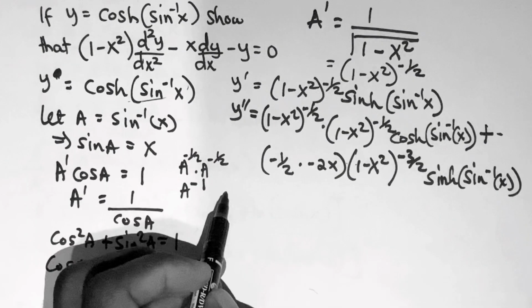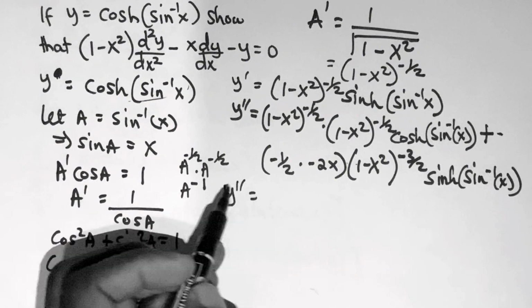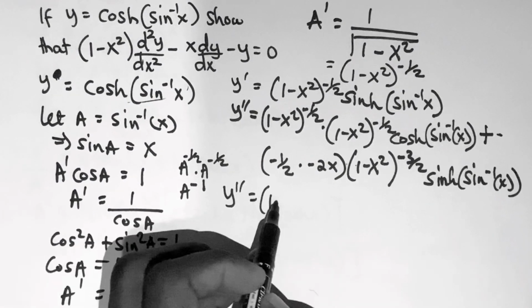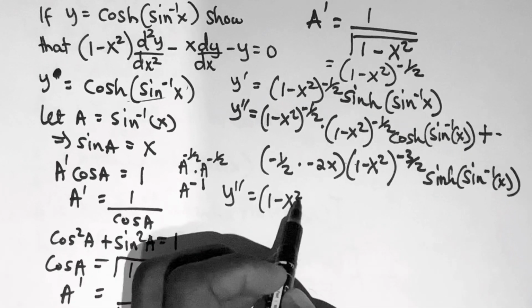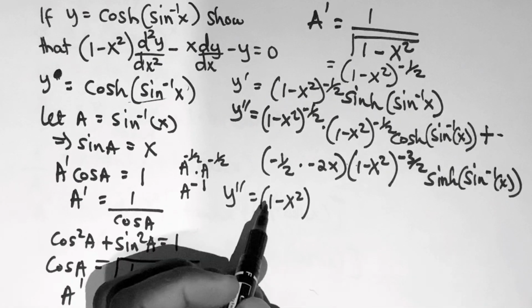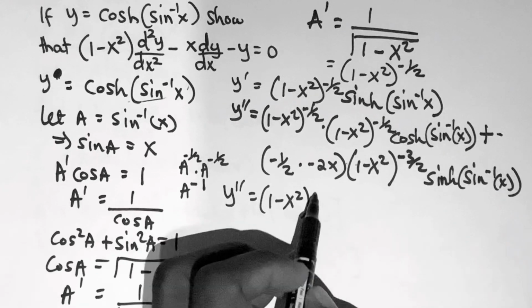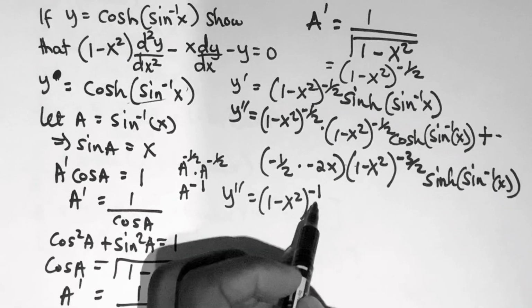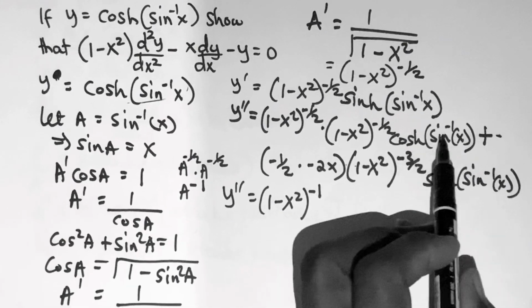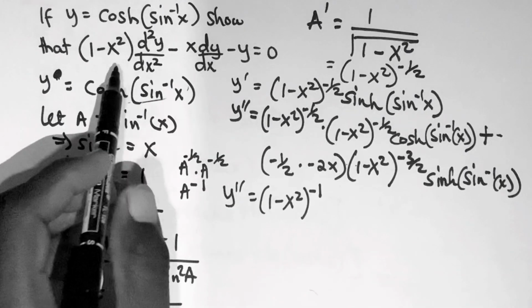And therefore, y double prime is going to be equal to (1 minus x squared) exponent minus 1, then times cosh of sine inverse of x.